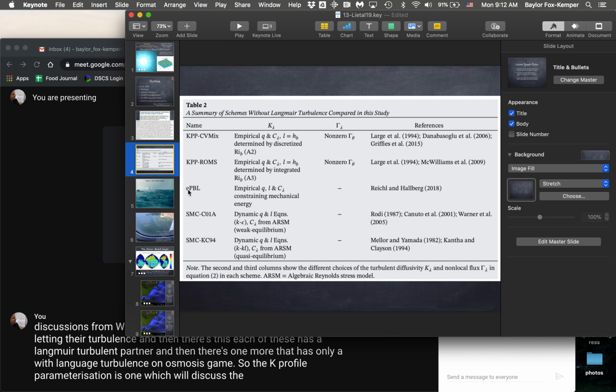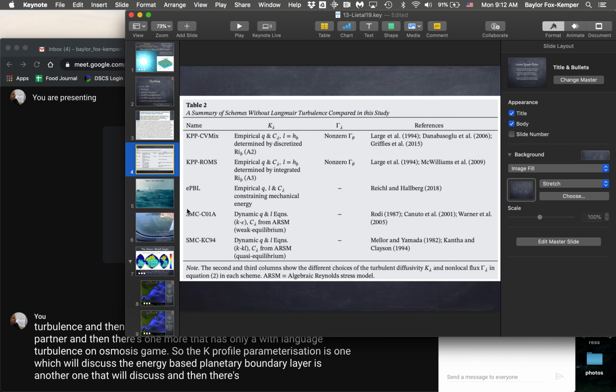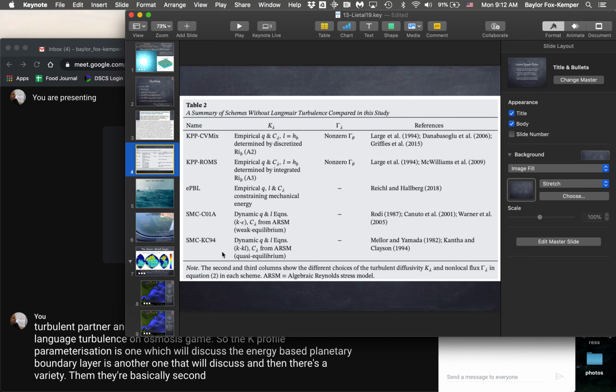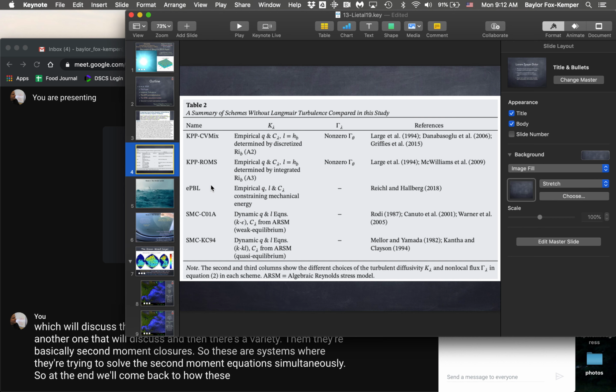The energy-based planetary boundary layer is another one that we'll discuss. And then there's a variety of them that are basically second moment closures. These are systems where they're trying to solve the second moment equations simultaneously. At the end, we'll come back to how these are set up.